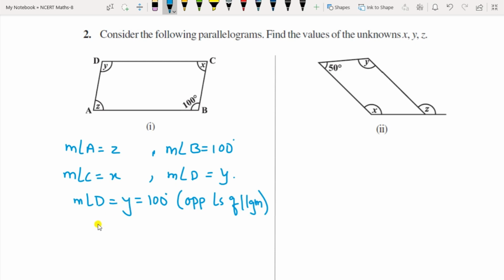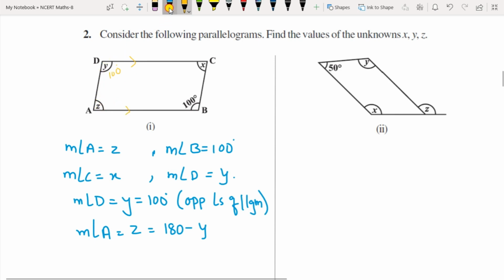Then z or x you can take, whatever. So measure angle A equal to z equal to what? It will be equal to 180 minus y. Since this is 100 here. This is forming C here, as this line is parallel to this, so this is co-interior angle.